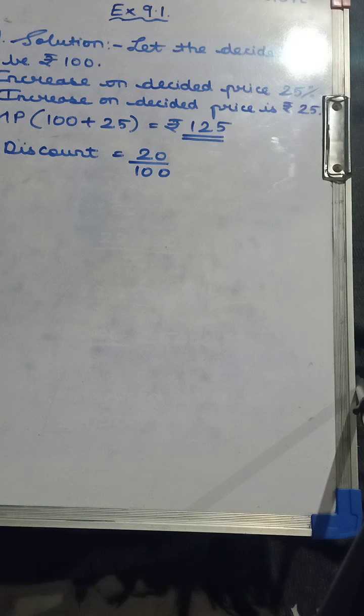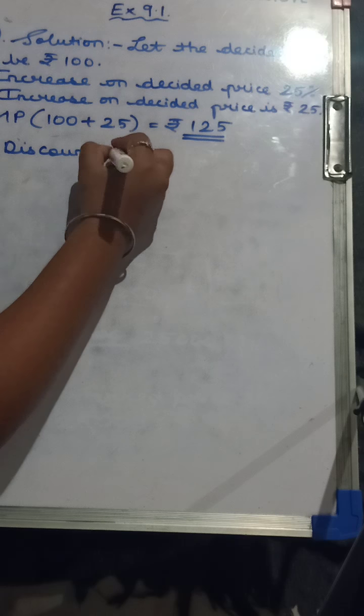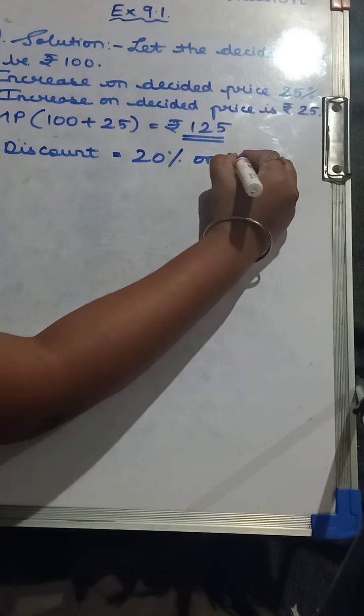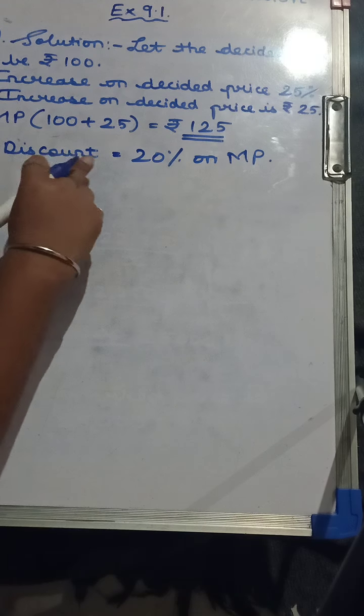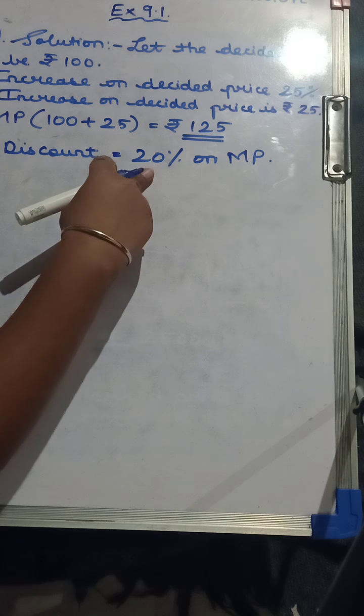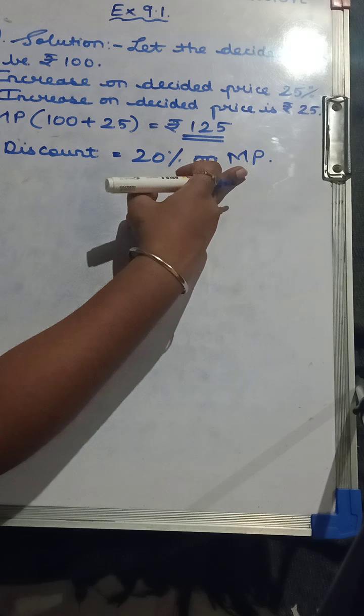Or we can just write the statement that discount is equal to 20% on MP. Instead of solving it directly, we can write that discount is equal to 20%, and this 20% is on 125, that is the mark price, because the mark price is 125. So discount is equal to 20% on mark price.